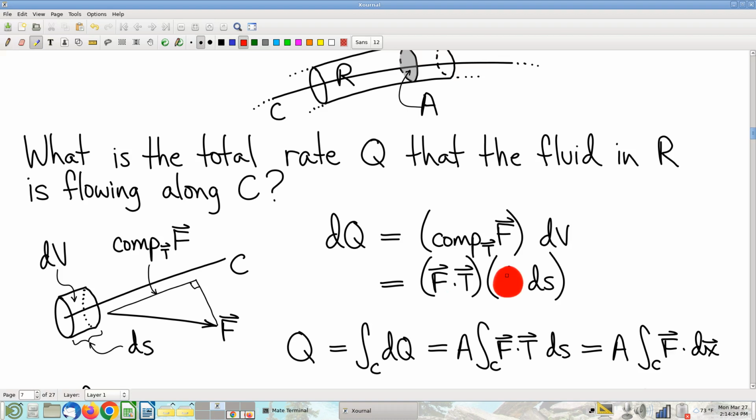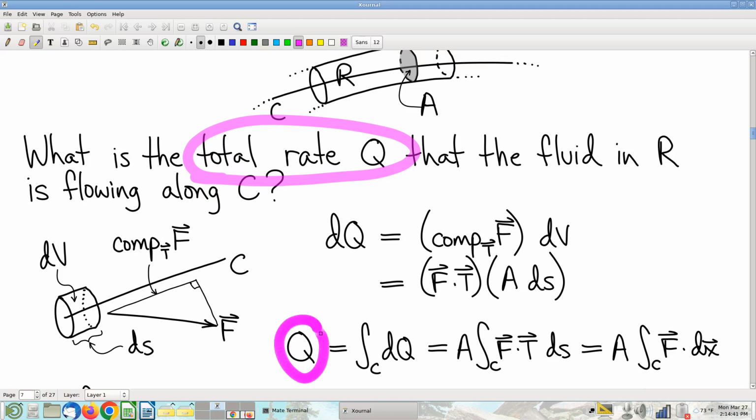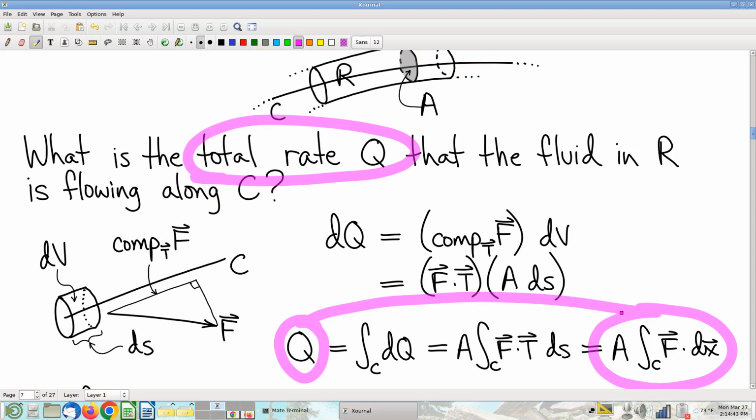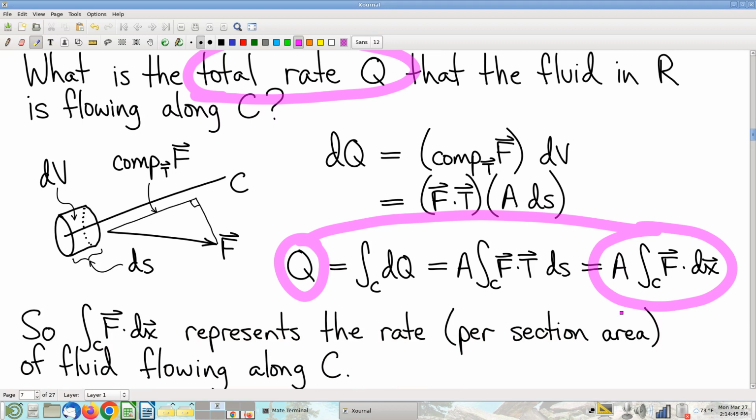Notice the area is a constant, so it factors out. And here's the lovely result. This weird concept that I asked about for no apparent reason other than maybe you trust me, right? This weird thing is very closely connected to line integrals. Because you can see it right here. There's the line integral.